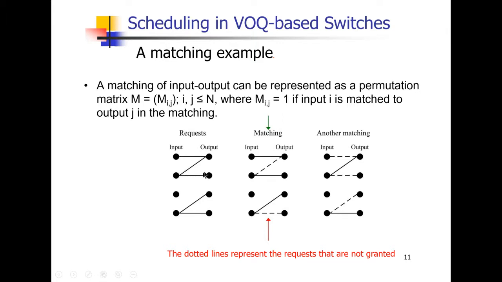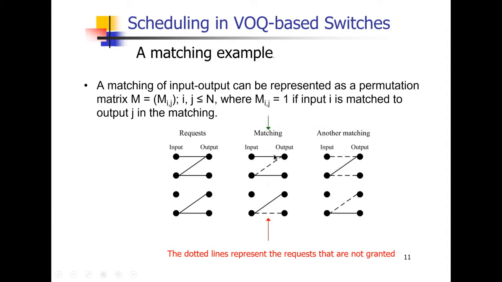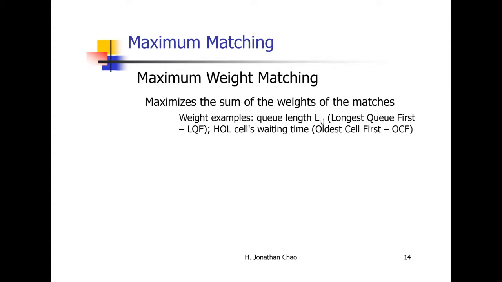Then when we solve the matching, we will have a set of connections which are being scheduled, and the total weight of the matching is the sum of the weights of the arcs that have been selected in that specific time slot. So maximum weight matching is the optimal solution of the problem.